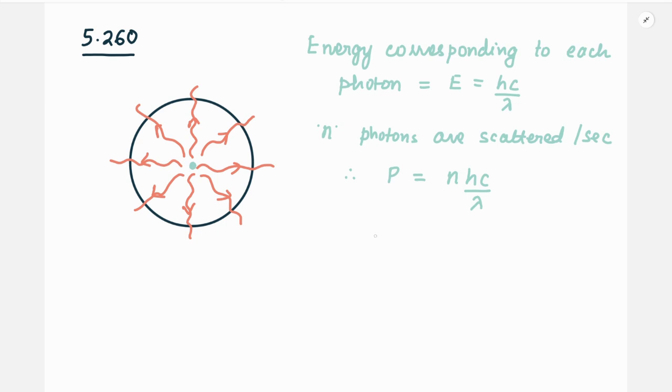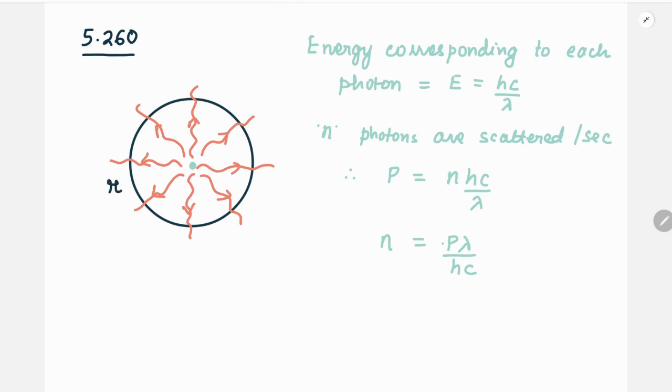So if we calculate the number of photons radiated, it is equal to p lambda by hc. This is the total number of photons that is radiated per second. Now this number of photons is scattered over this entire area which we are considering, of radius 2 meter. We are considering that the radius is r.